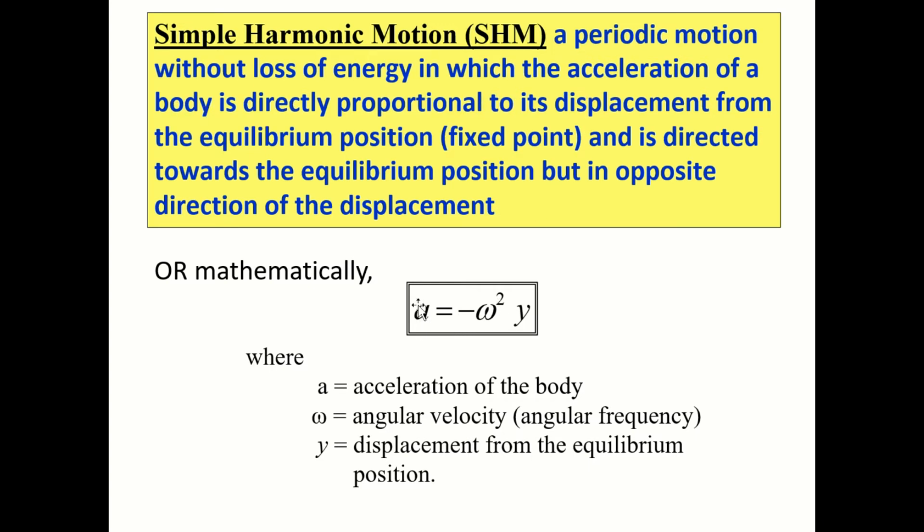We can see from this equation, a is directly proportional to y, where y is displacement, and it is acting in the opposite direction. The opposite direction is represented by the negative sign in this equation.